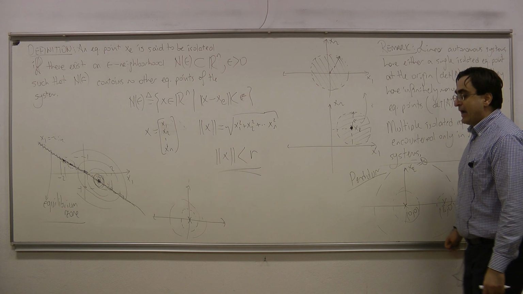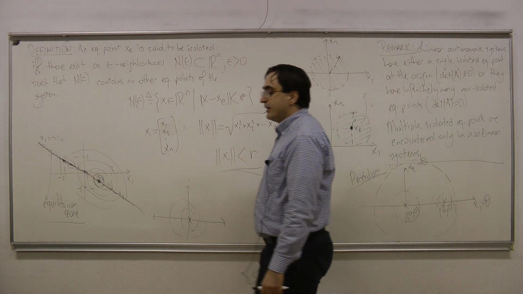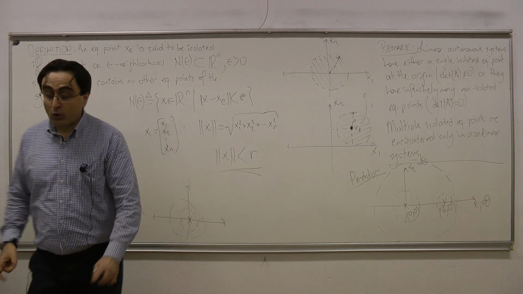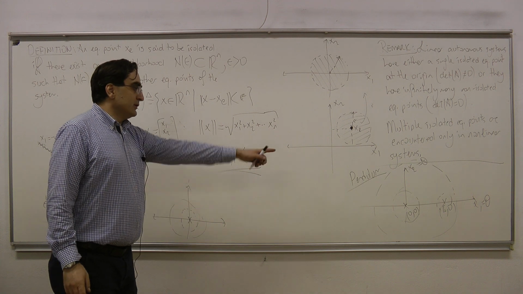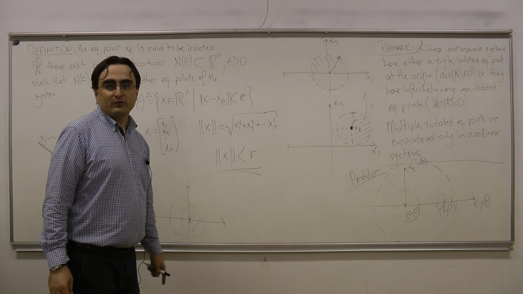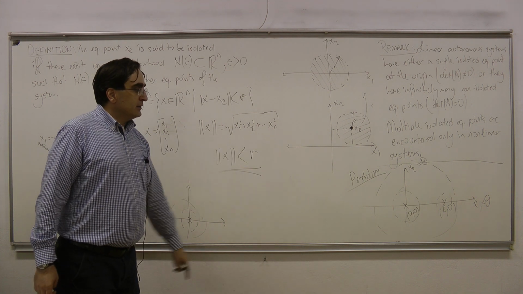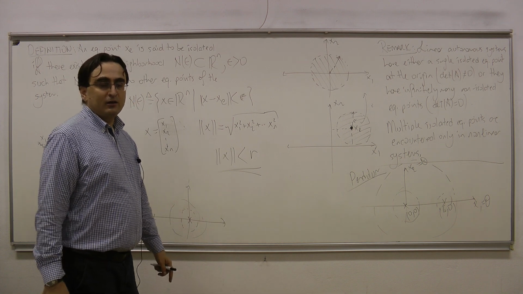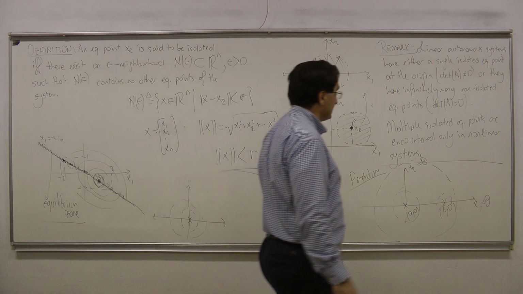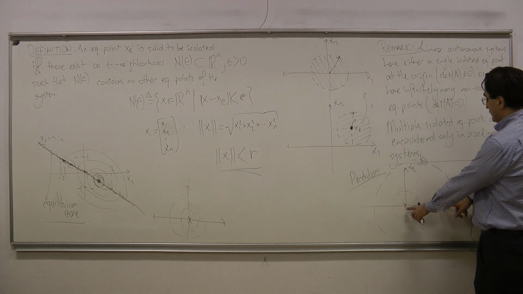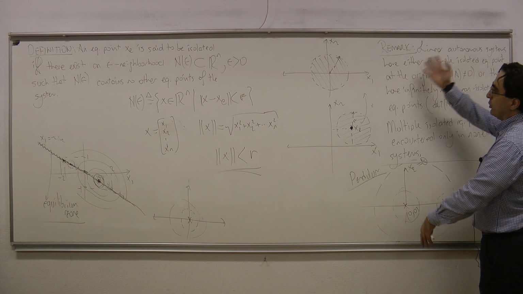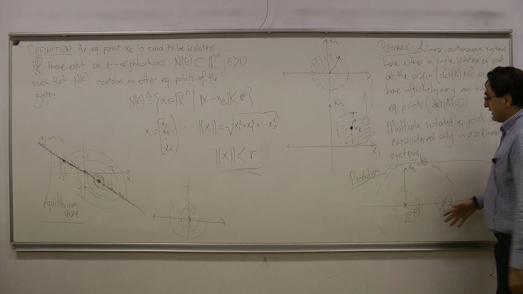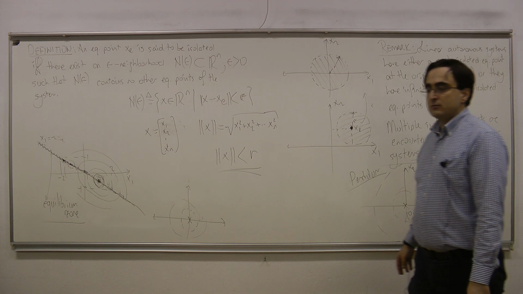This type of thing can only be encountered in a nonlinear system. Okay? So if you don't know what the system is, and you see only the equilibrium points of the system, then you can decide if the system is nonlinear or not. If you see such multiple isolated equilibrium points, even if you don't know the function f, you can say that f has to be nonlinear.